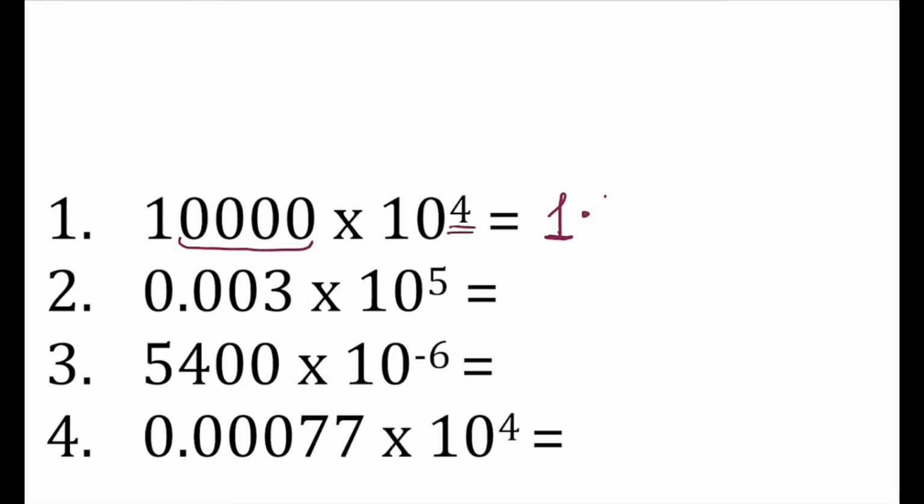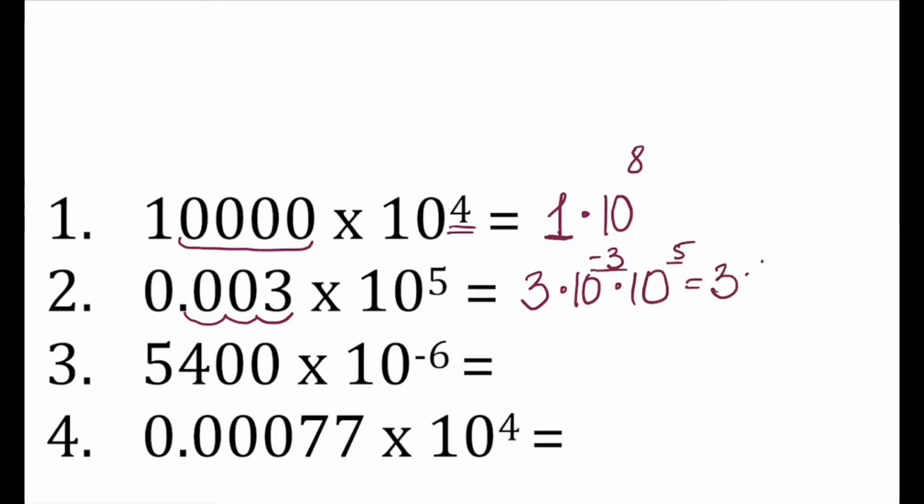So it's going to be 1 times 10 to the 8th. 1, 2, 3 to the right, so I can say it's like 3 times 10 to the negative 3 times 10 to the 5th. Add these two together, end up with 3 times 10 to the 2nd. Now you can do the next ones, I assume. I'm actually sure that you can.